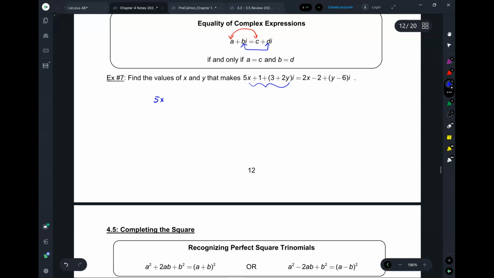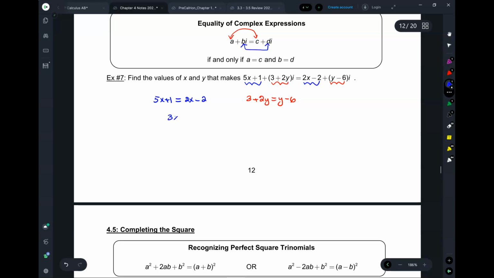So you can say 5x plus 1 is equal to, what's the real part on the other side? 2x minus 2. Okay? And then what about the imaginary parts? 3 plus 2y is equal to y minus 6. And now you can solve this for x and y.